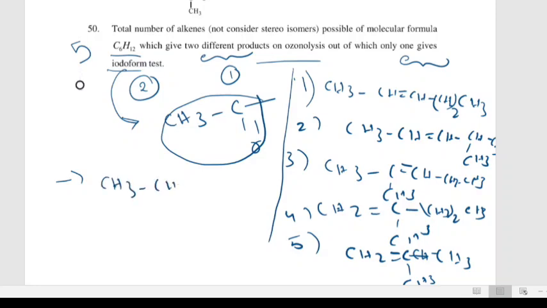Symmetrical alkenes, for example CH3, CH2, CH double bond CH, CH2, CH3 on ozonolysis is giving the same product. So we can't consider this alkene, right? So it's a bit lengthy process to answer this question. But anyhow, we are getting 5, so 5 is the answer.